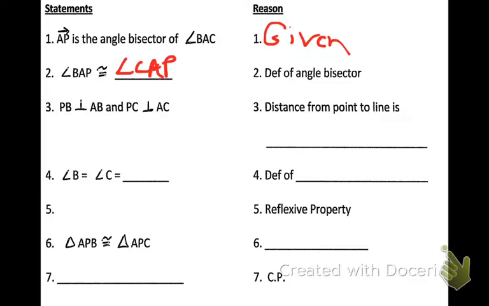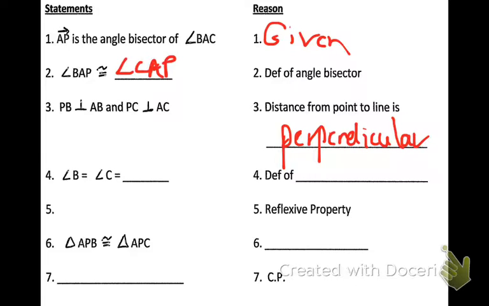If we go from a point to a line, what's the shortest distance? It's perpendicular. Distance from a point to a line is perpendicular.